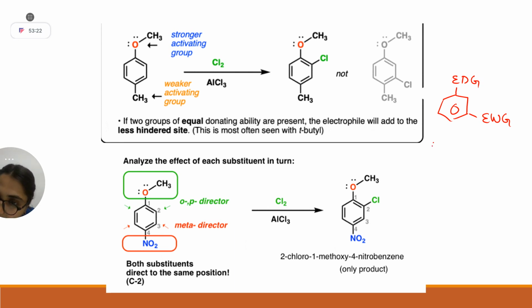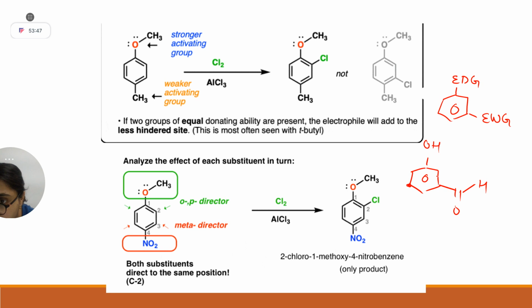Because let's say you are having OH, okay, and here let's say you are having this CHO. You know that OH is your electron donating group. It will activate either the ortho position or para position. Okay. This CHO is meta directing. It will activate either this position.